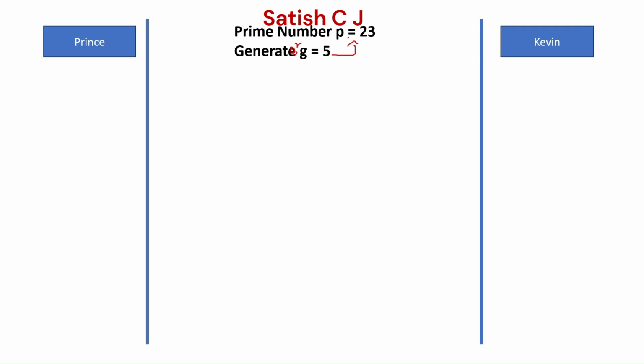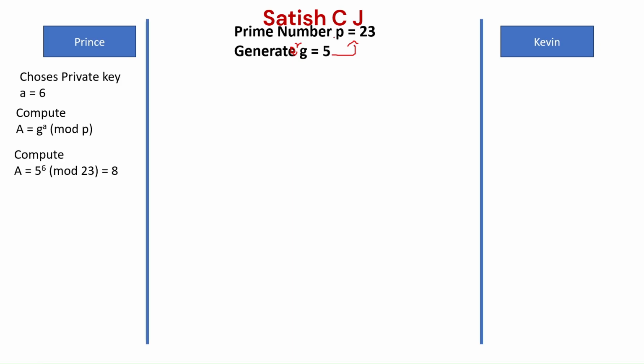Prince selects a private key, as usual a is equal to 6, and then he computes the value of A, that is G power a mod P. G is 5, a is 6, that is the private key, mod P, P is 23. So he gets the value 8.